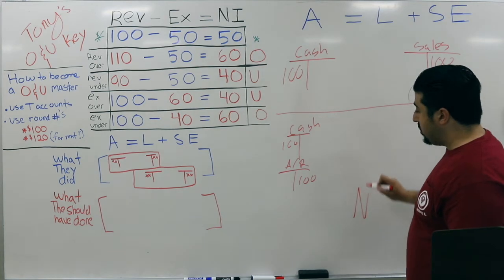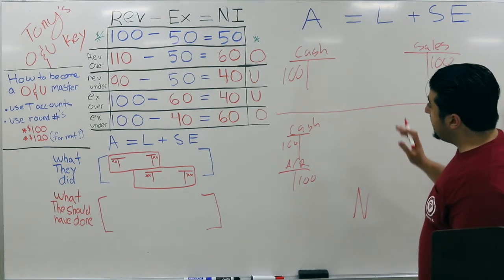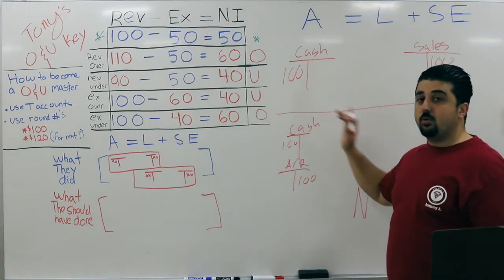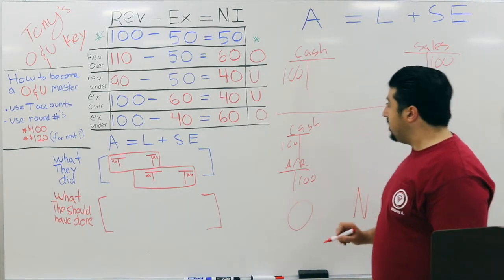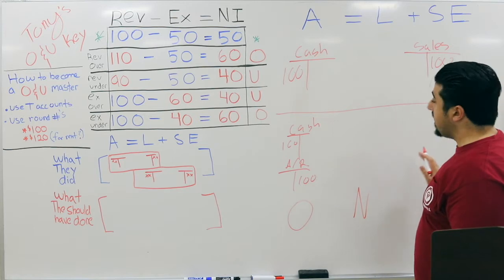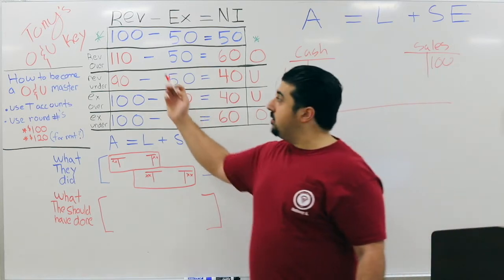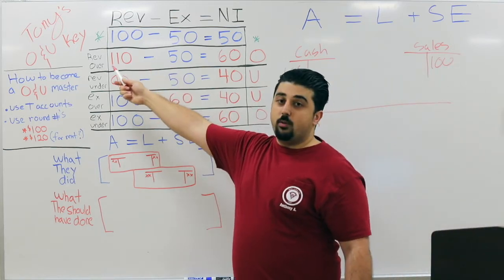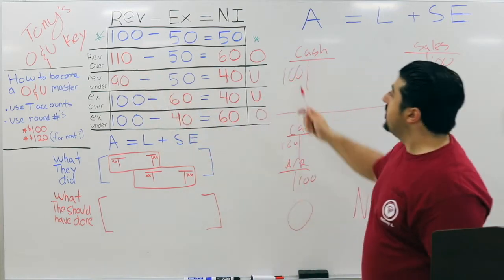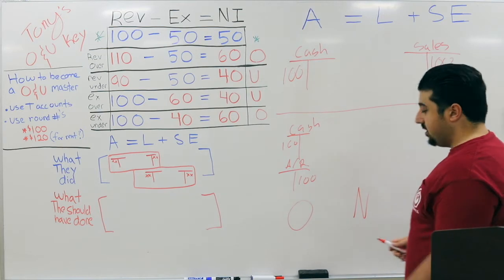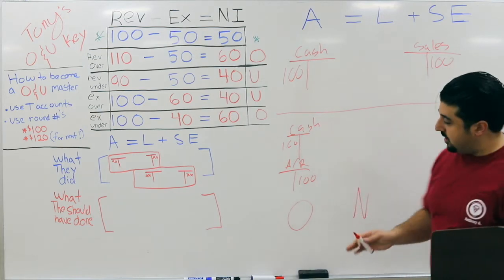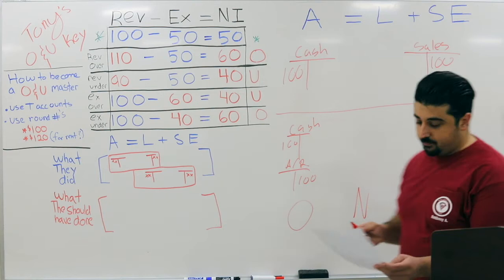Nothing was touched in liability, so no effect. Assets. Shows that we're just receiving cash, not reducing accounts receivable. Overstated. Sales. Come back here to this diagram. Overstating revenue. Bam. Overstated. It's getting really easy.